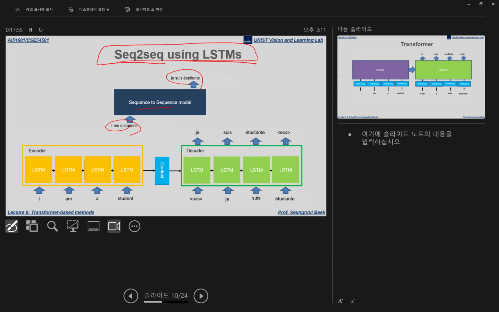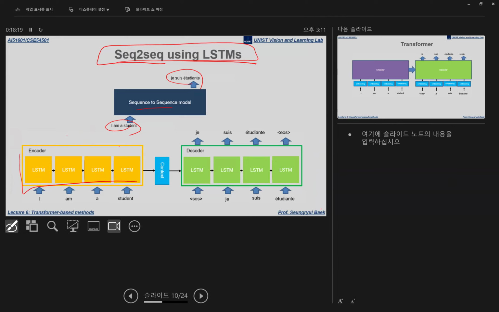Okay? And if we magnify the sequence to sequence model, it would look like this. Internally, they have multiple LSTMs or RNNs inside. This type of thing is a representative application in the NLP domain.